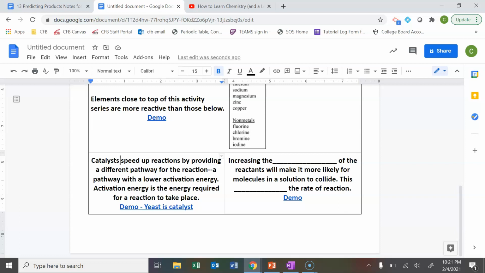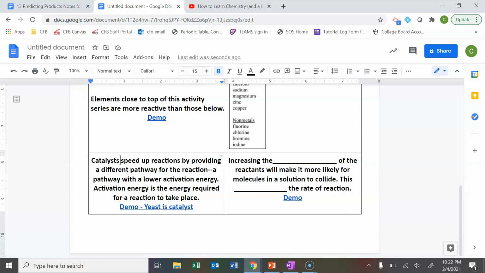So a good analogy for this is if I were to talk about a road that goes over a mountain. That road would take quite a bit of energy to go over because it's going over a mountain. But if there were a tunnel path that you could go through the mountain, that would require less energy. It didn't make the other path a lower energy. It's just a different way to get there.